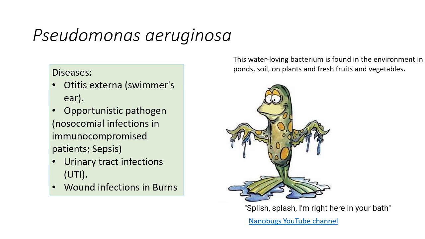And we have opportunistic pathogens also in the hospital because this bacteria can grow easily in patients with low immunity or who are immunocompromised. And that's why we call them nosocomial, because they are acquired in the hospital. Mainly, it can cause sepsis. It's a very common cause also of urinary tract infection and also wound infection in the burn unit.